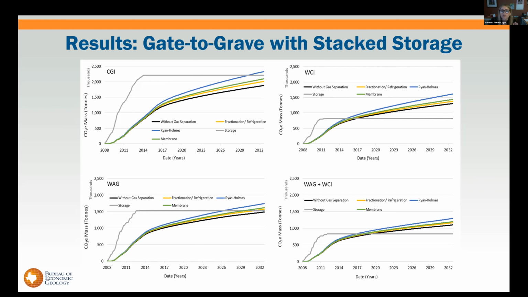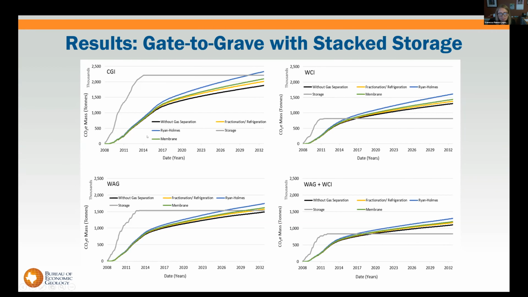But if you don't send that excess CO2 to a different field and instead inject it in a saline aquifer deeper than the oil reservoir, then this is the result of an LCA. So it greatly improves the environmental component of the CO2-EOR operation.